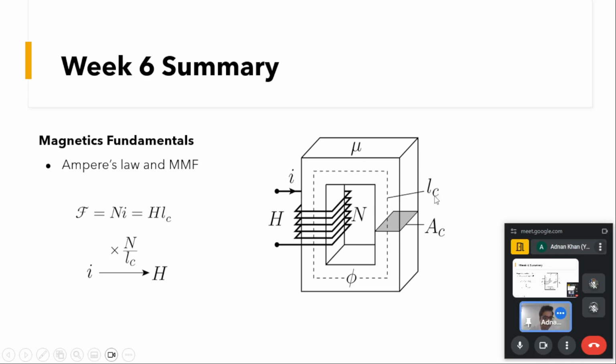Lc is the mean path length of this core, as you can see here with this dotted line, and H is the magnetic field intensity.